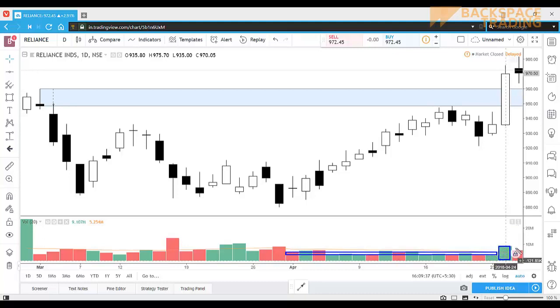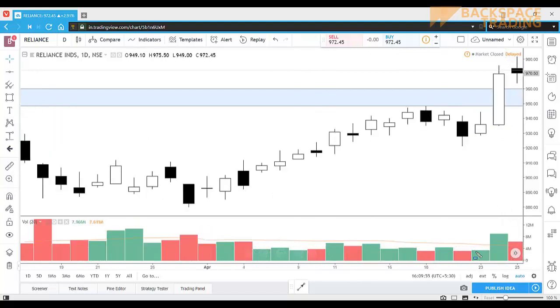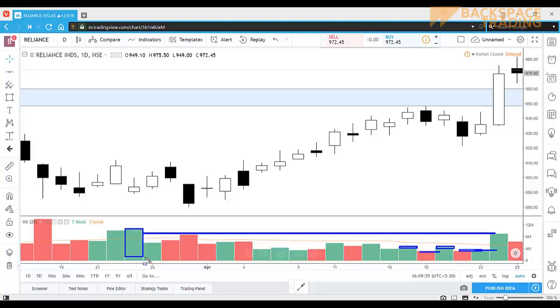See, when there is a volume breakout plus a price breakout, I'm just considering the highs: this is high, this is high. This high, where does it get broken? At this point, this is the volume, that is the nearby high. And what is the candle? This candle.